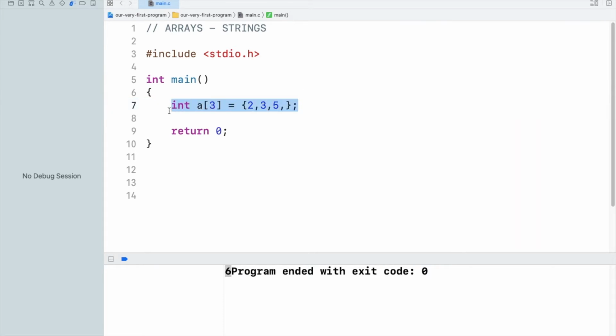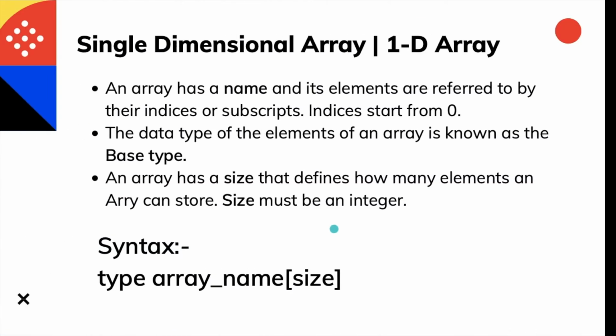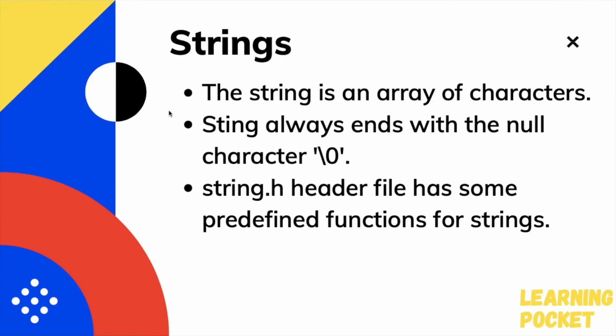Now we are going to jump to strings. Strings are no different than arrays. They are just arrays of characters, just like we have arrays of integer elements, floating point numbers, or doubles, and arrays of any valid C data type.